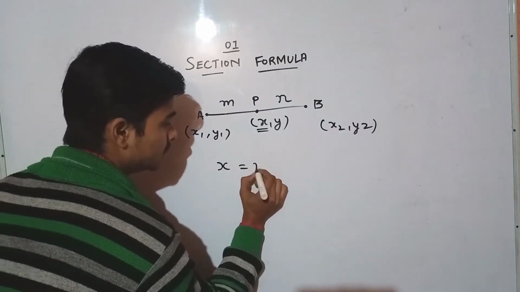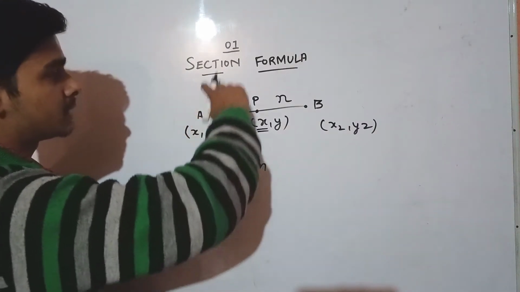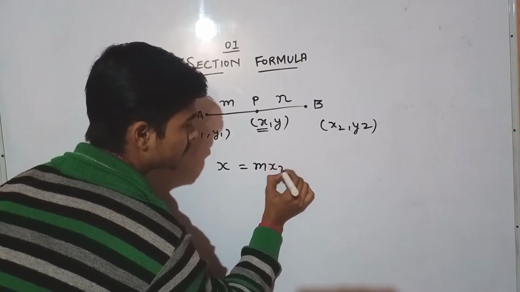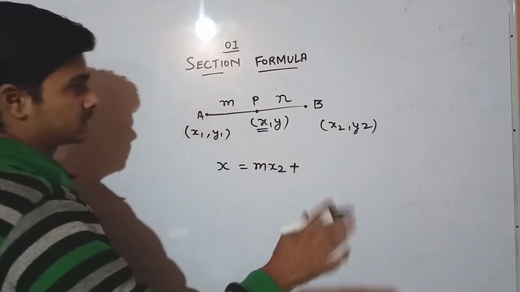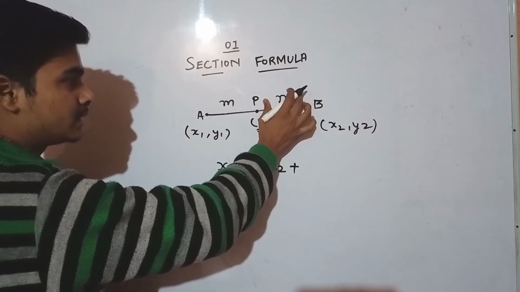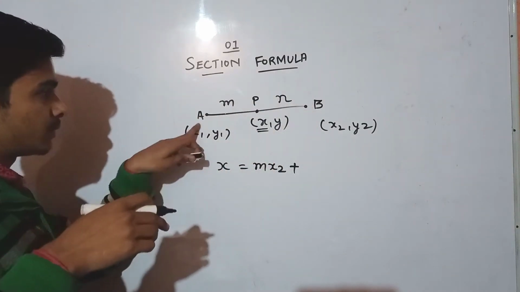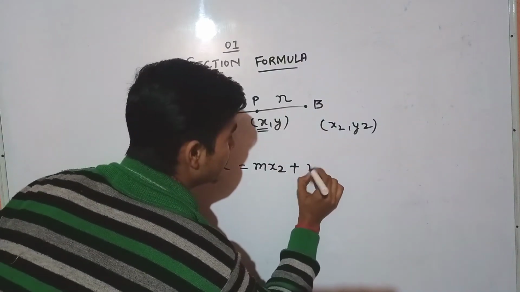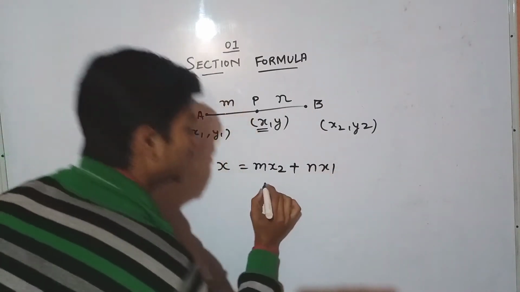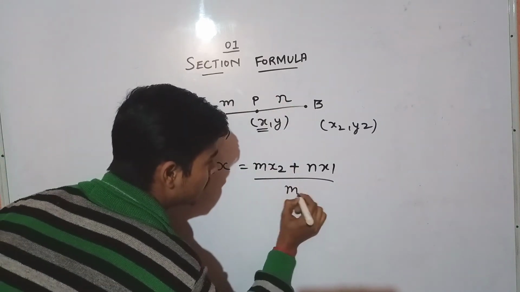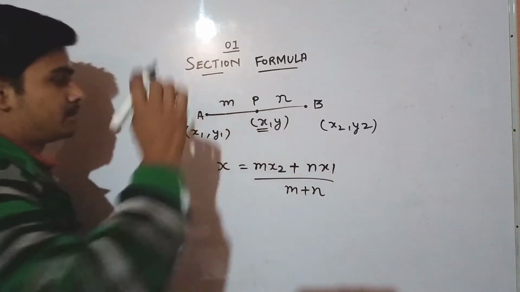This m ratio is multiplied with the x coordinate of point B, means m into x2, and then we do plus, and then n ratio is multiplied by the x coordinate of point A, n into x1, and then we divide with m plus n, means we divide with the ratio m plus n.